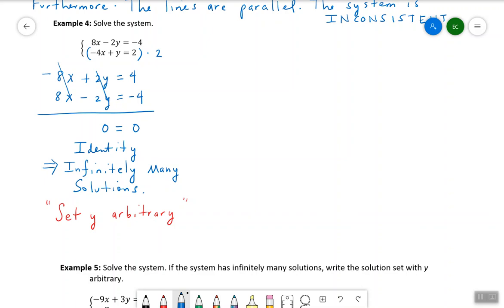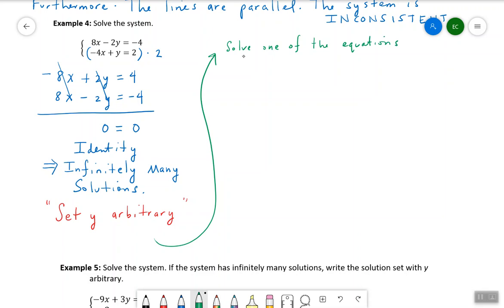So what we need to do is solve one of the original equations. We need to solve one of the equations for x in terms of y.